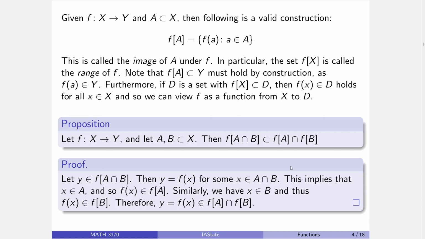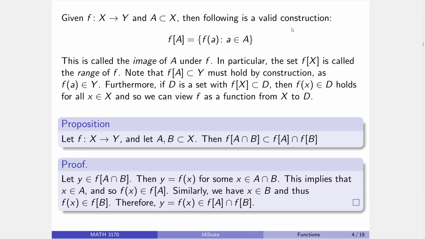Nice. And you can see here that if you want to do the reverse, if y lives in the intersection of the images, well, then it's an output for something in A, and it's an output for something in B, but note that the inputs are potentially different. Here, this input came from the intersection. Here, if you were to pick an element, the inputs would be potentially different, which is why we don't get equality.